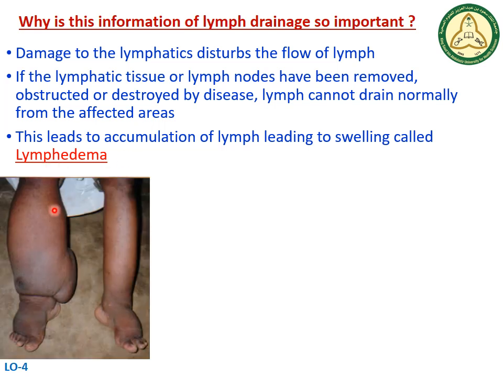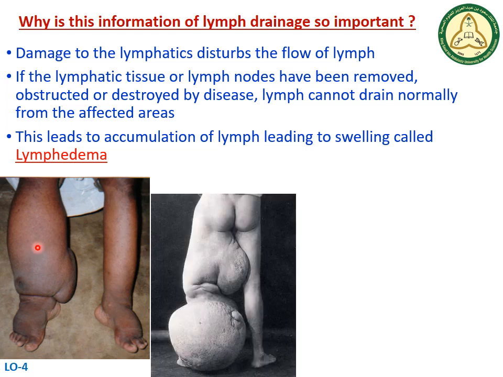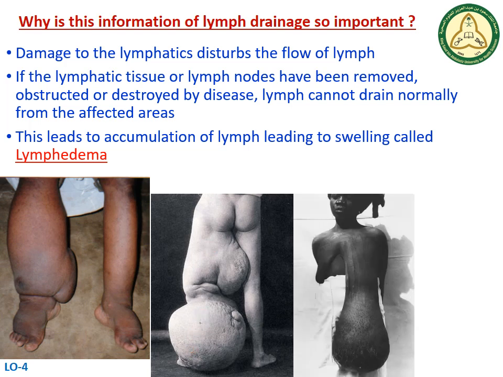And you can see this is lymphedema, one leg is not normal. Similarly, there is a buttock, a normal leg, and a second leg in which the lymphatic system is blocked by some infection, a parasitic infection, and the condition is called elephantiasis. So this leg becomes elephant-like.